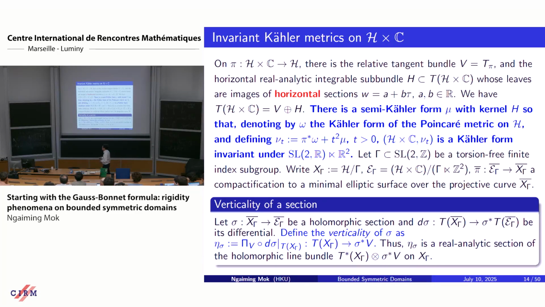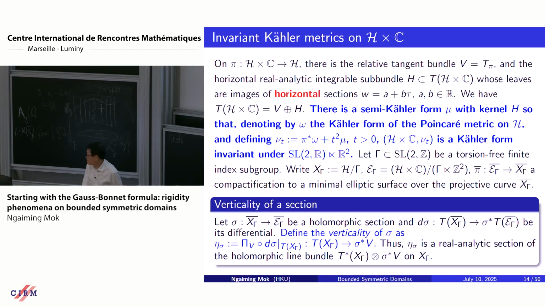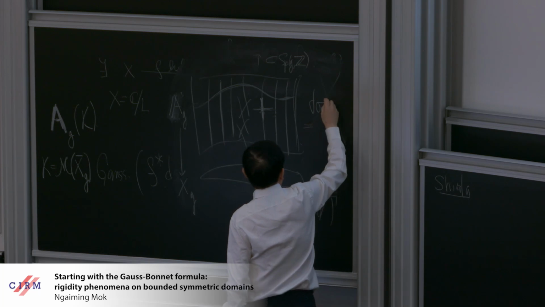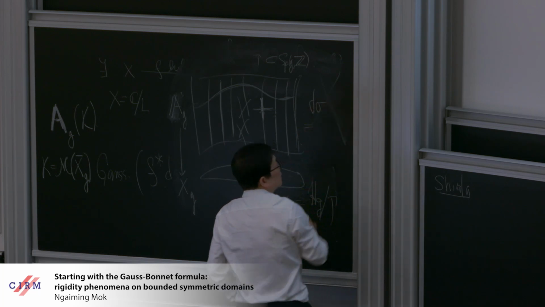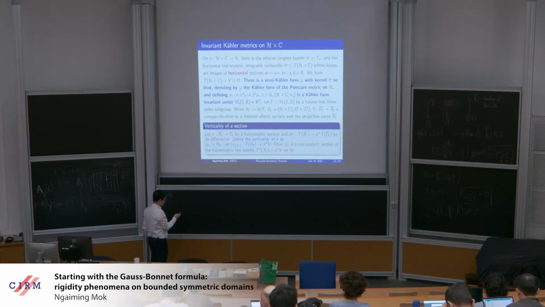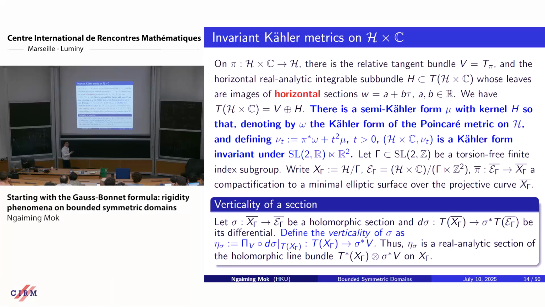Suppose I have a section. A section then is a map from here. So I can decompose the differential of the map. I take this d sigma and decompose it. So d sigma projects to the vertical part.